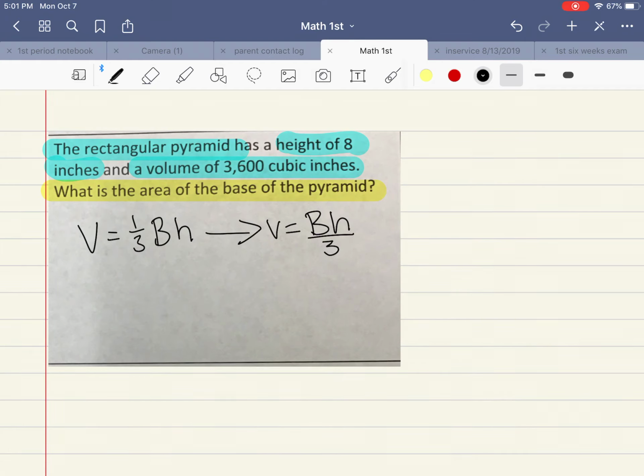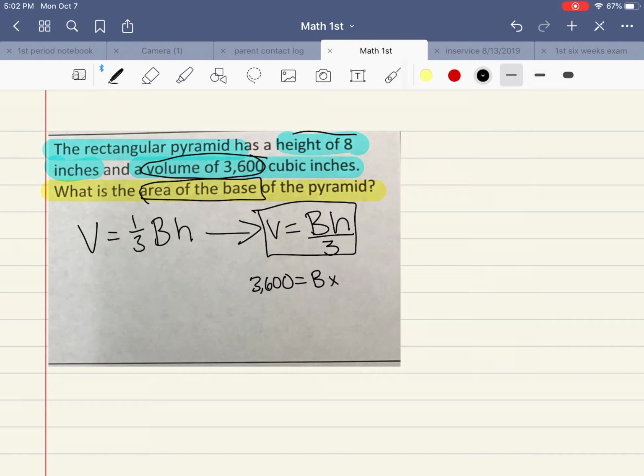And once we go to this formula, we can start inputting the numbers that are given to us. So we know that the volume is 3,600, and that is equal to the area of the base, which is unknown, times the height, which they tell us is 8 inches, divided by 3.